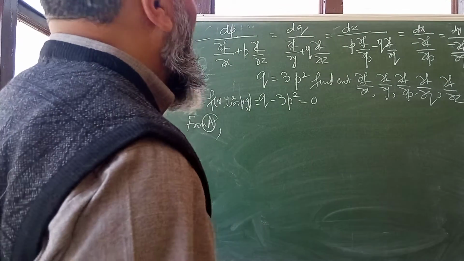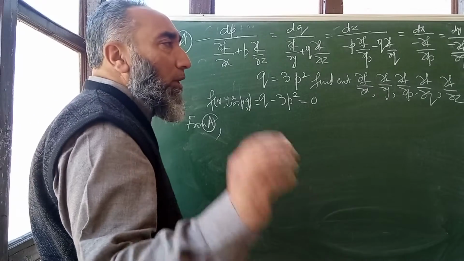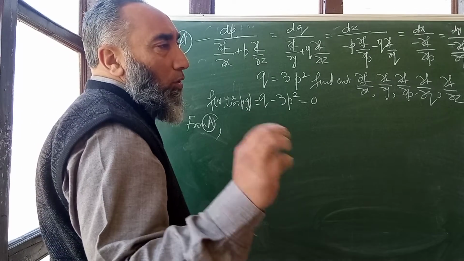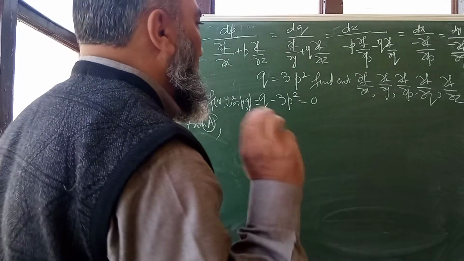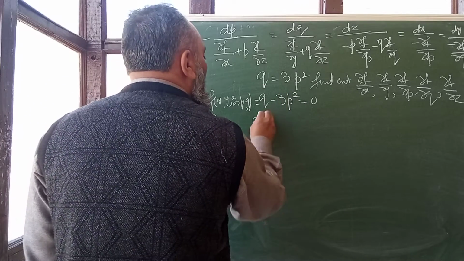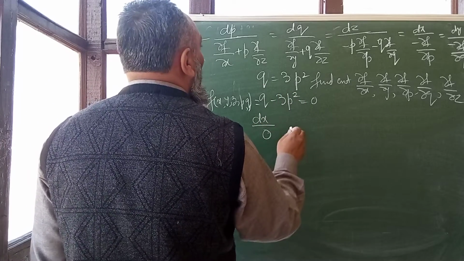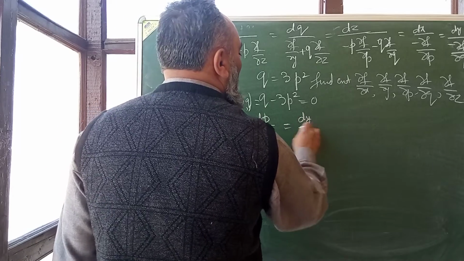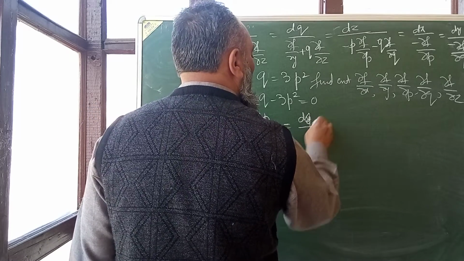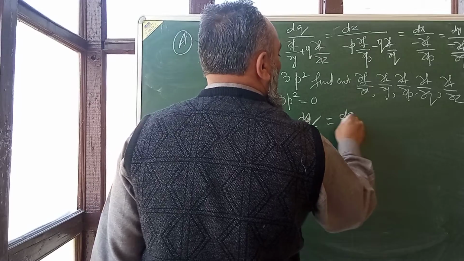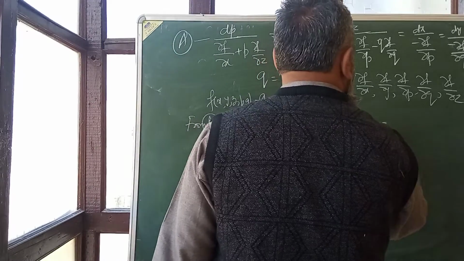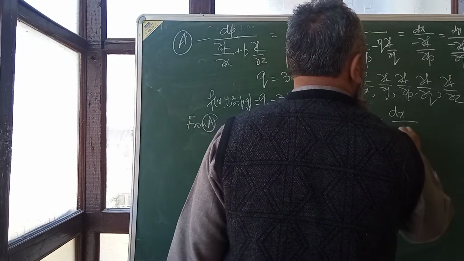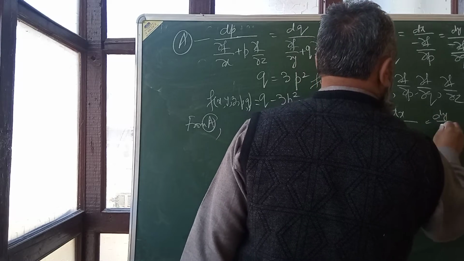I need only those things which I need. So this will be dp by 0, dq by 0, then dz by something, dx by something, dy by something.